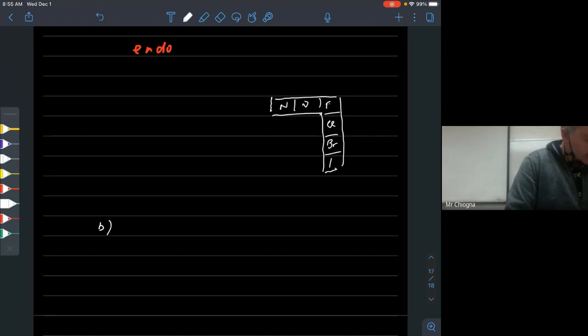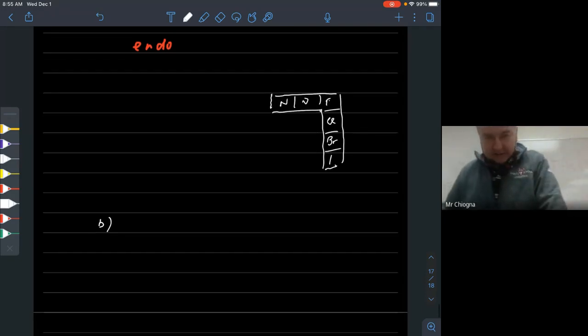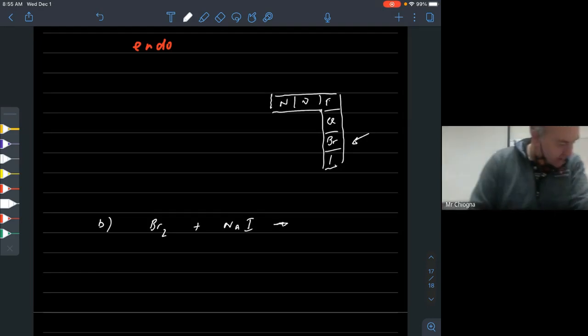How are they formed? When liquid bromine is added to sodium iodide. So those are our reactants. So we have bromine. Bromine is one of those elements that come in pairs. And then sodium iodide. And it produces, it says here, what's formed? The solid iodine.